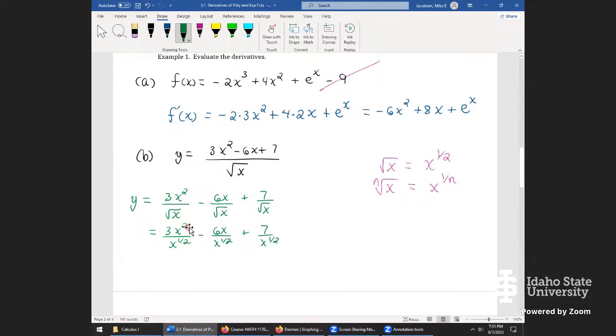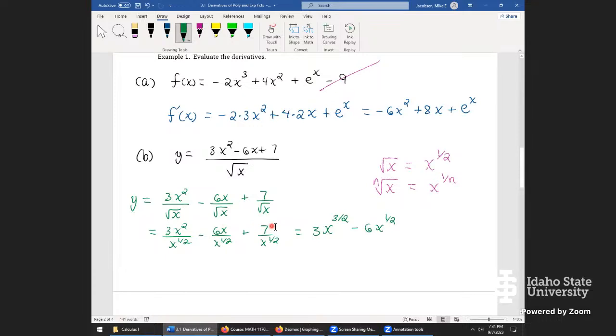Next rule we have to use is if we have x squared divided by x to the 1/2, the exponents are going to subtract. So we'll take 2 minus 1/2 on this one. So 2 minus 1/2, that's going to be 4/2 minus 1/2. And the new exponent is 3/2 on that thing. Over here, that's an exponent of 1. Think of it as a 2/2. Subtract 1/2 on that, and you'll get x to the power of 1/2 again.